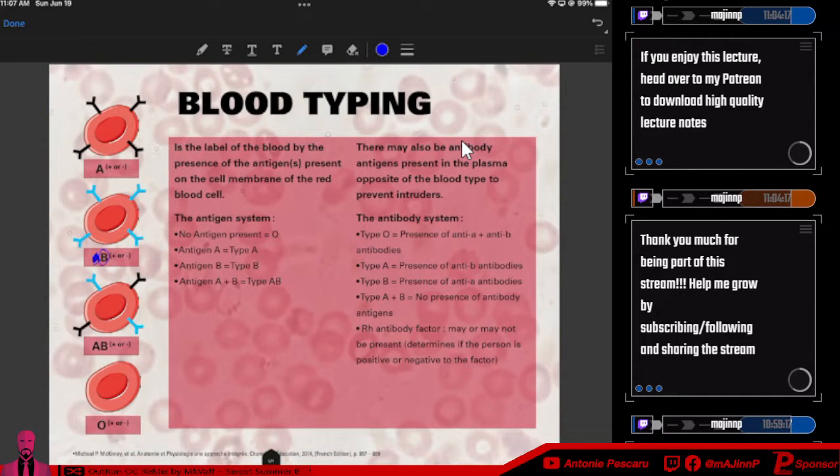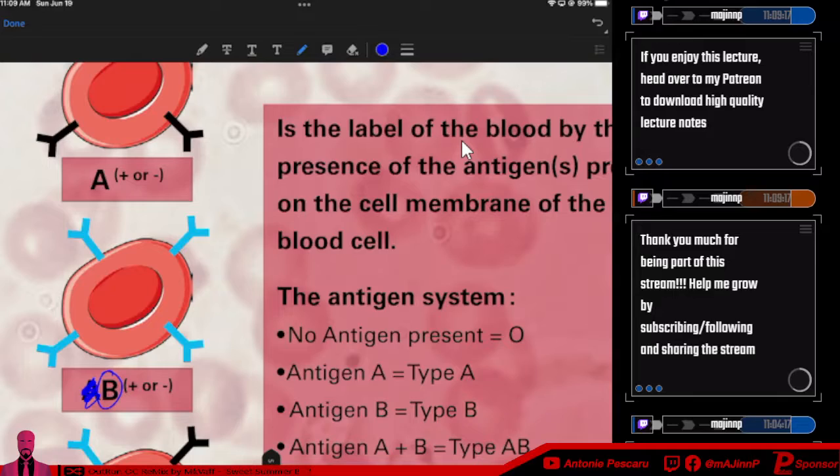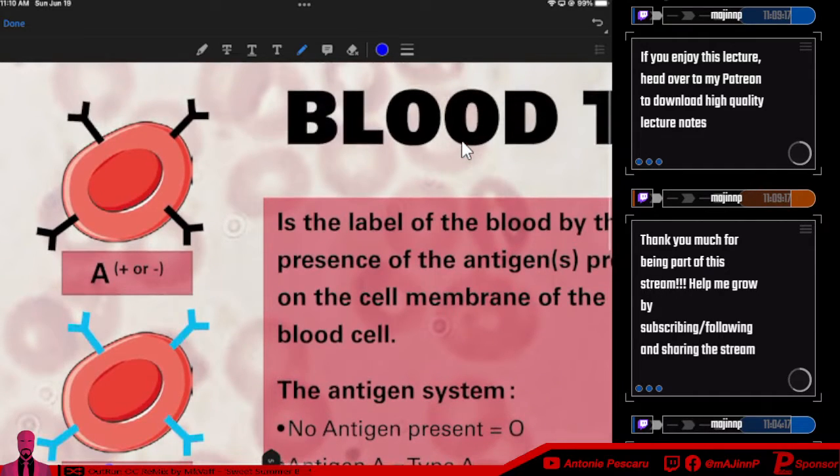And on top of that, you also got another antigen, which is the Rhesus group. The Rhesus group is the plus or minus. Plus or minus means you either have it or you don't. Meaning that, for example, if you are A positive, it means that you have a Rhesus antigen on top of that.